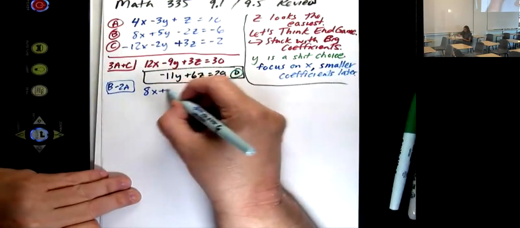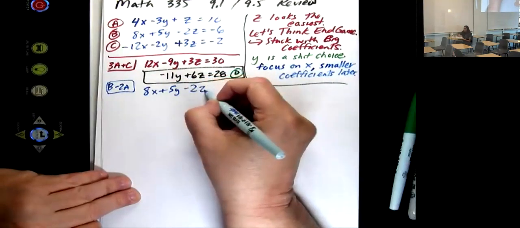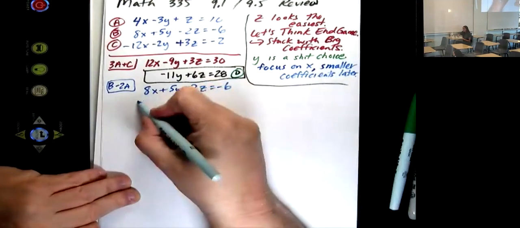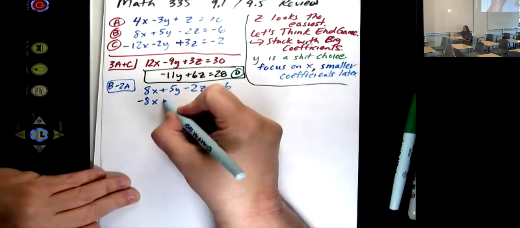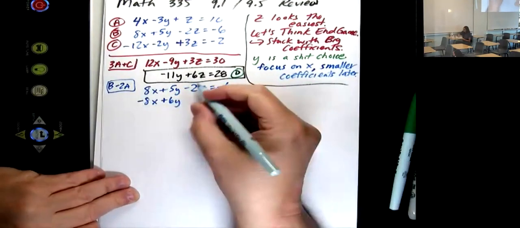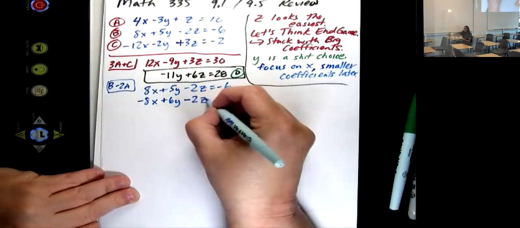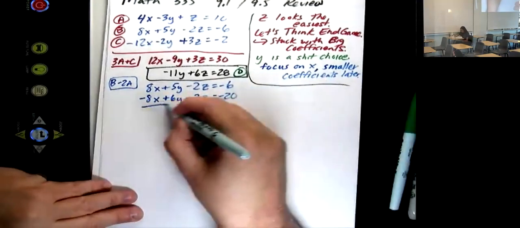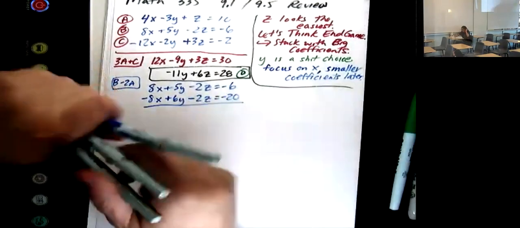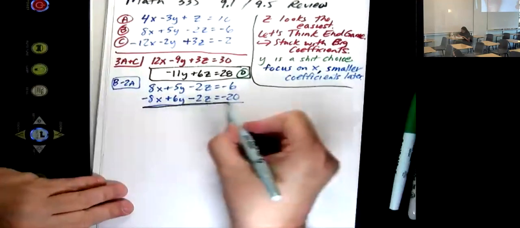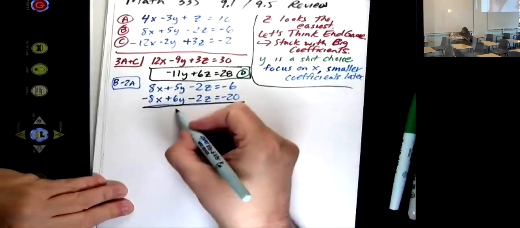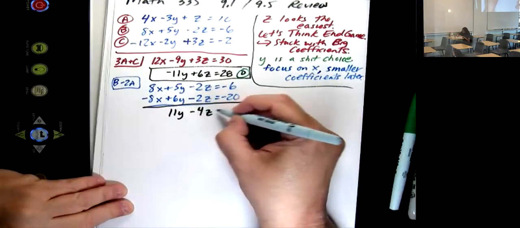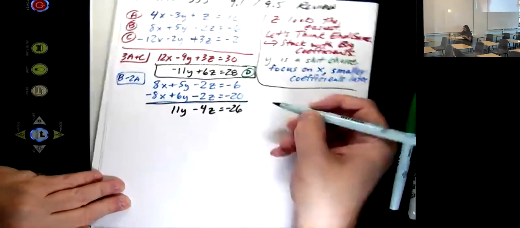B is 8x plus 5y minus 2z equals negative 6. Negative 2A is negative 8x, positive 6y, negative 2z, negative 20. And I add these up, and my x's go away and I get 11y minus 4z equals negative 26.